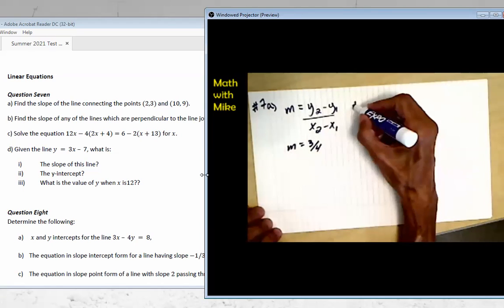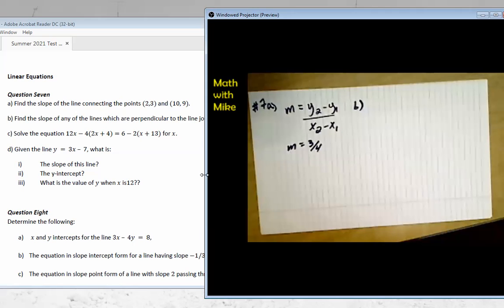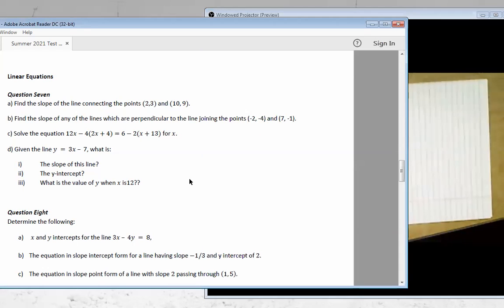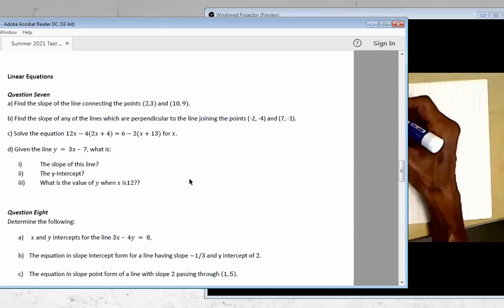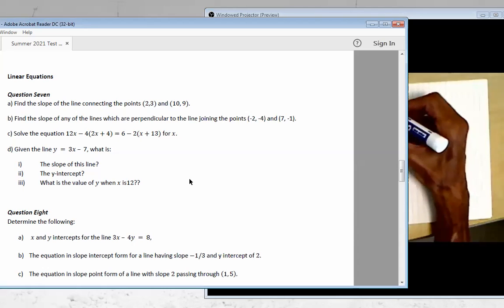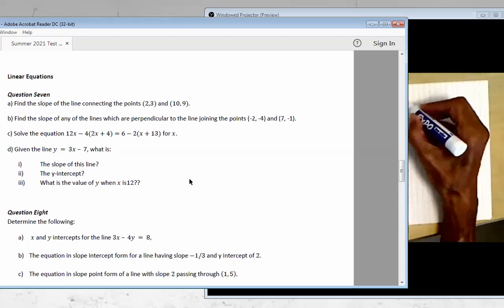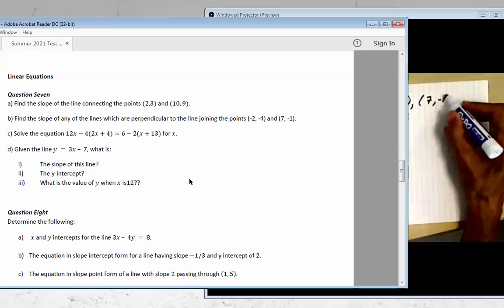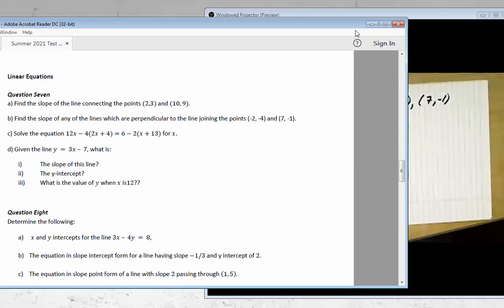For question B, the next one, it's talking about perpendicular now. The points that they had, -2 and -2 and -4, 7 and -1. All right, so we can just use the slope formula for this one.